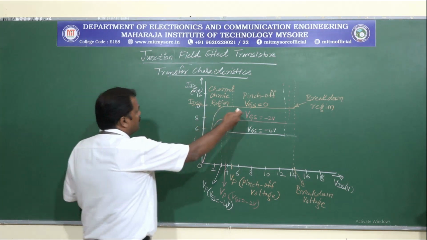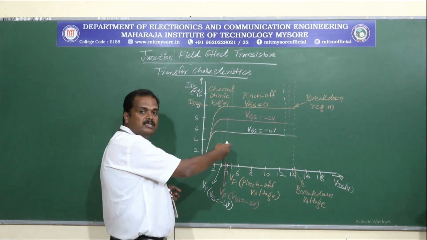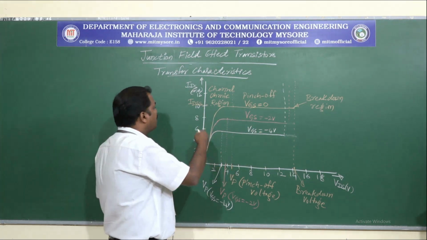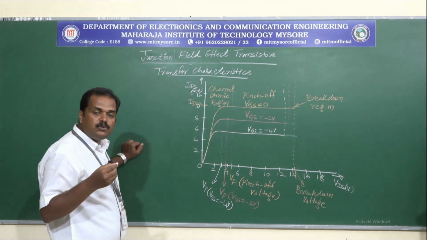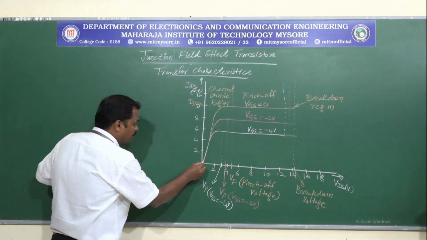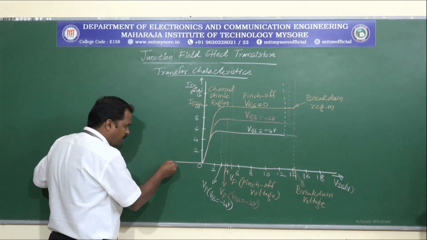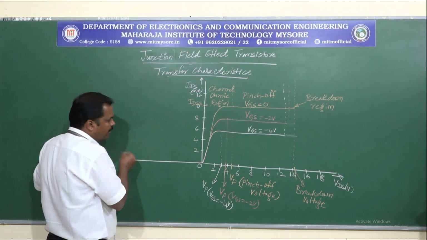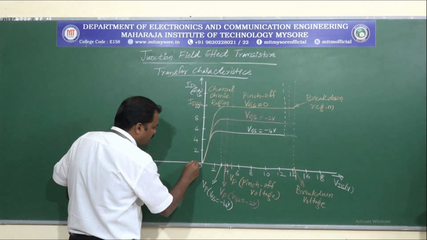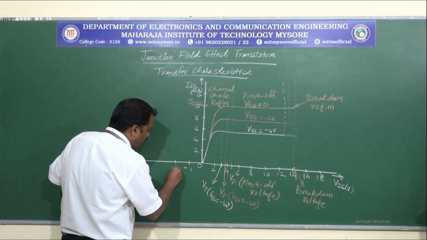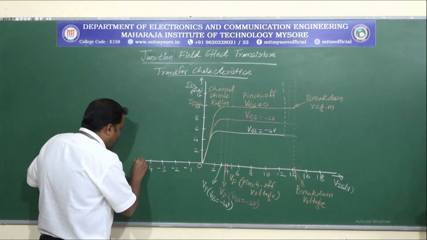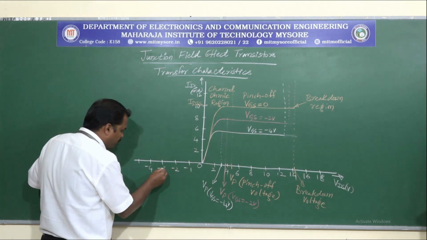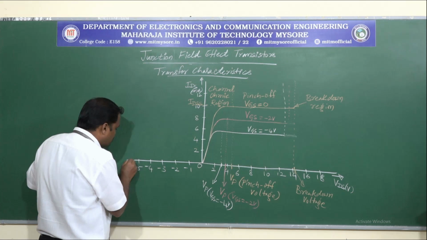This is the transfer characteristic, and this is the drain characteristics that we have. Because the input voltage VGS is negative, we will consider the extended x-axis in the reverse direction. So let us say this is 0, minus 1, minus 2, minus 3, minus 4 and minus 5.